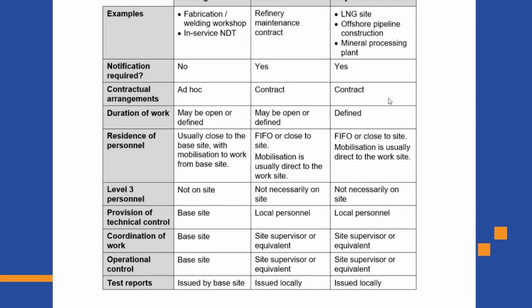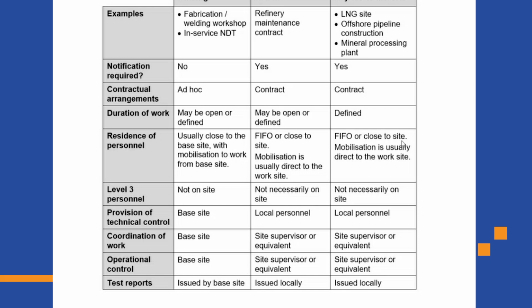Arrangements are normally that these are more long-term contracts. The personnel might have limited interaction with the base site and work on a fly-in, fly-out basis, or live close to the work site and mobilize directly to the work site without much interaction with the base site.